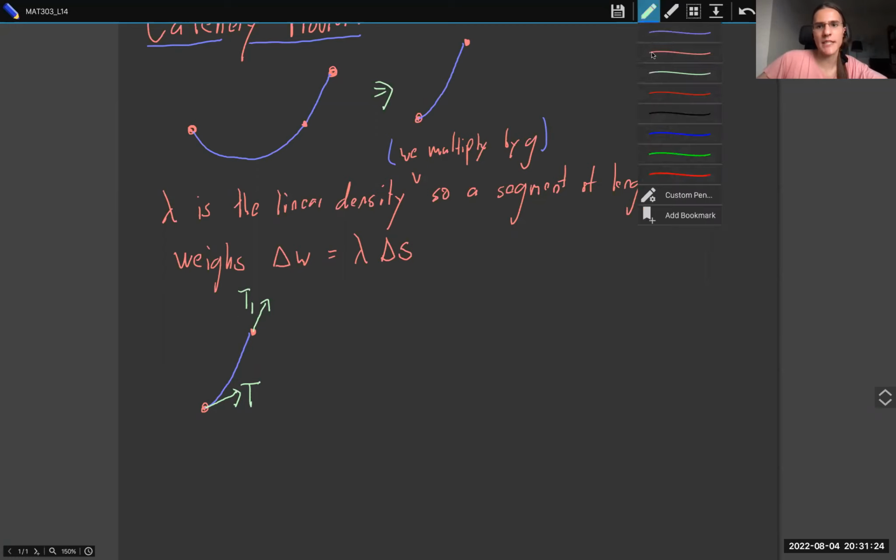And then what we can say is that let's imagine drawing y-axis parallels. So this is going to have angle theta1, and this is going to have angle theta.